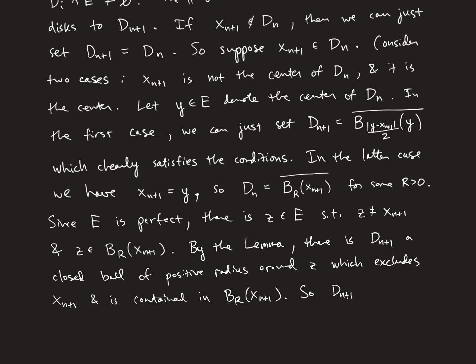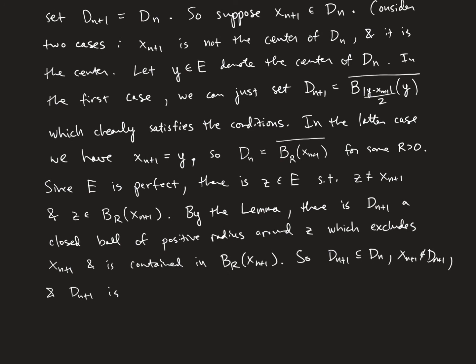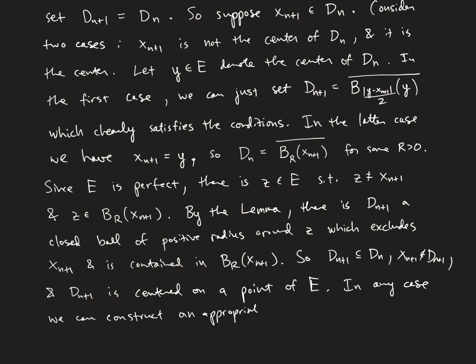So Dn plus 1 is contained in Dn, xn plus 1 is not in Dn plus 1, and Dn plus 1 is centered on z, a point of E. So in any case, we can construct an appropriate Dn plus 1, and the proof is complete.